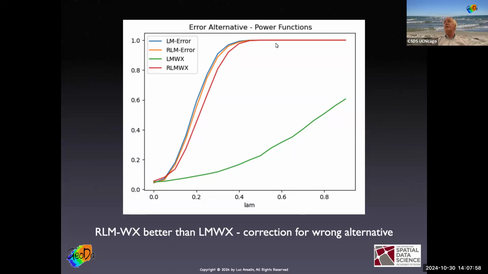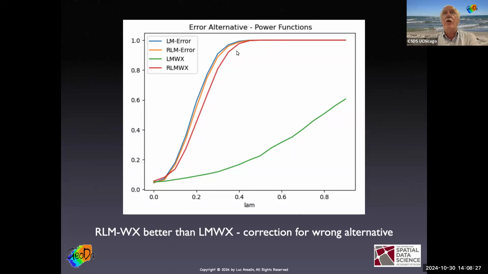This is the robust SLX test. The robust test should be worse than the original. It's actually better. Why is it better? Because you're correcting for the wrong other alternative. The robust SLX test is not robust to error autocorrelation, but it's robust to lag dependence.